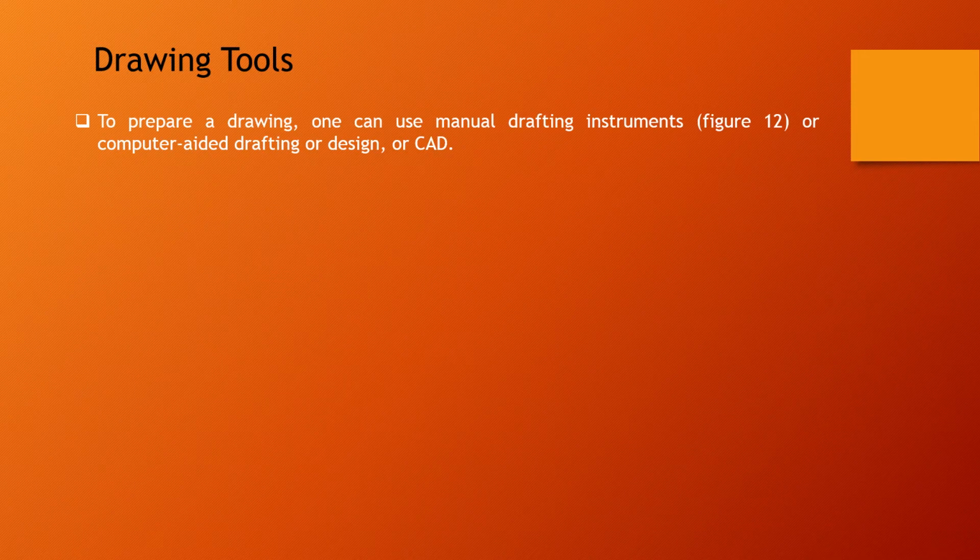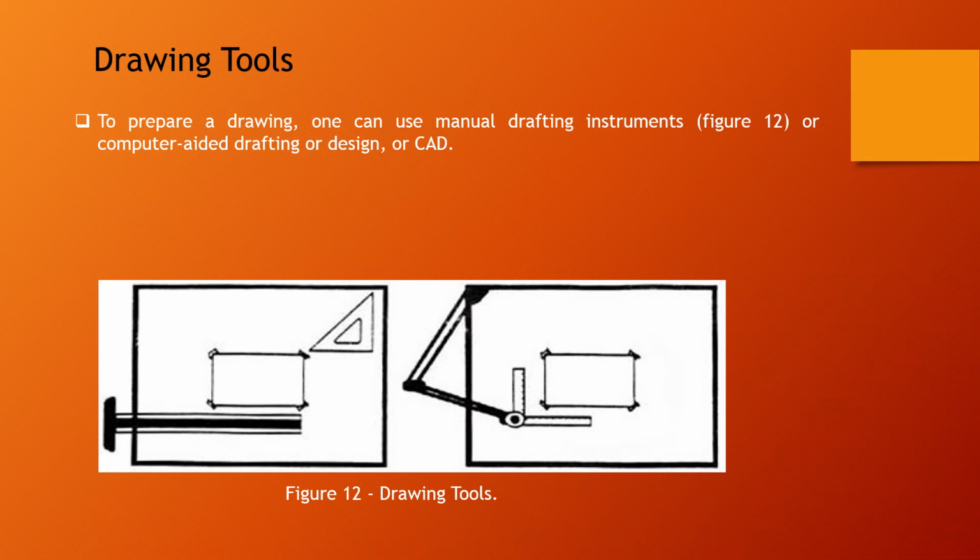Okay, drawing tool. To prepare a drawing, one can use manual drafting instruments in figure 12 or computer aided drafting or design, or AutoCAD. I will show you in figure 12. That is the manual drafting instrument. You need a T-square, set square, compass and all kinds of stuff.